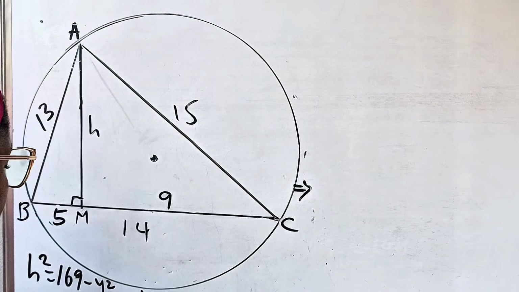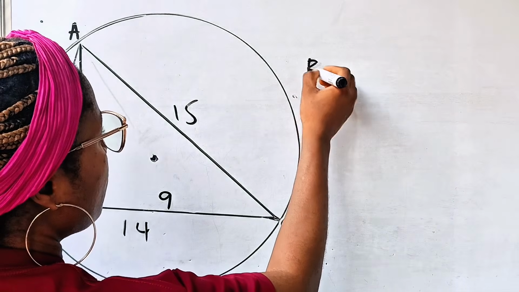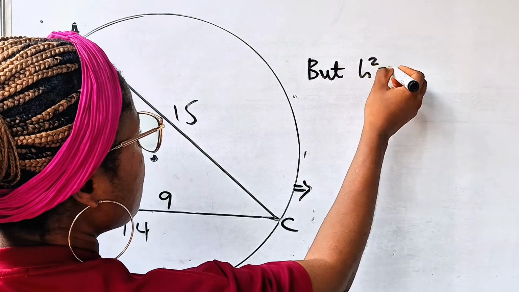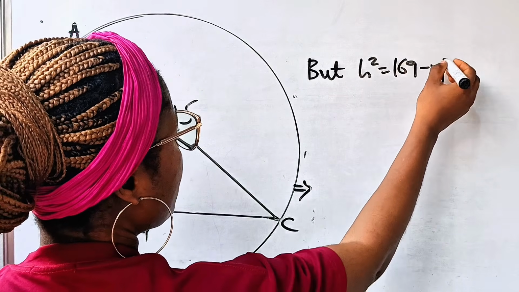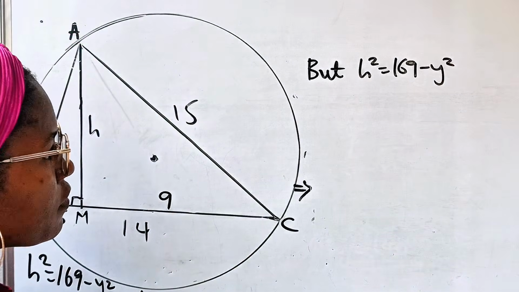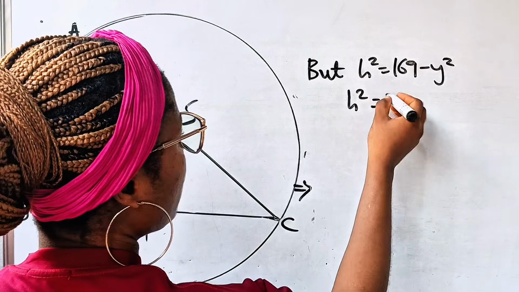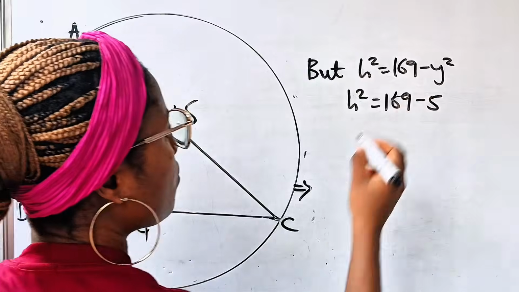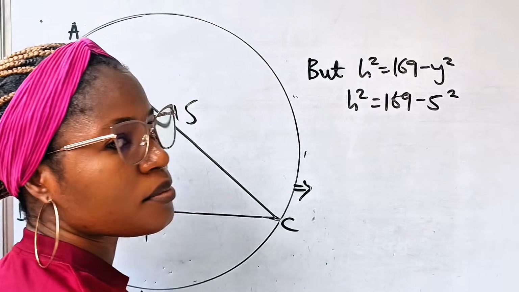Now remember that from here, h squared is 169 minus y squared. And our y is 5. So it means that h squared is 169 minus 5 squared.